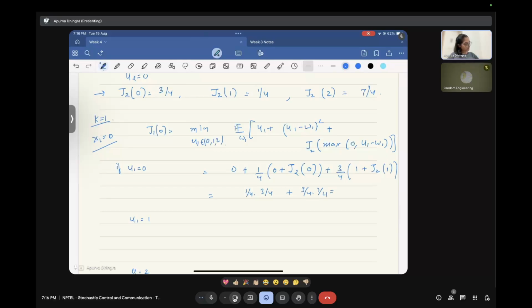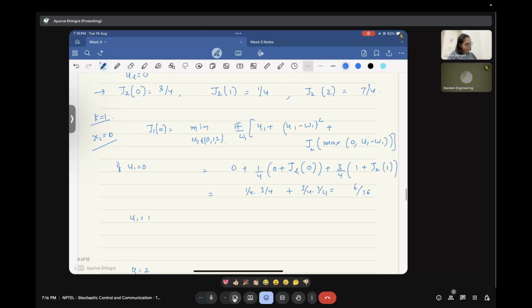So that's 9/16. Oh no, not 9/16, 6/16. Yeah, 6/16. Next, we're supposed to repeat this, but we have to take u1 equal to 1.